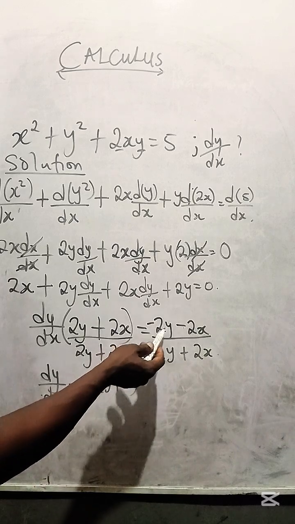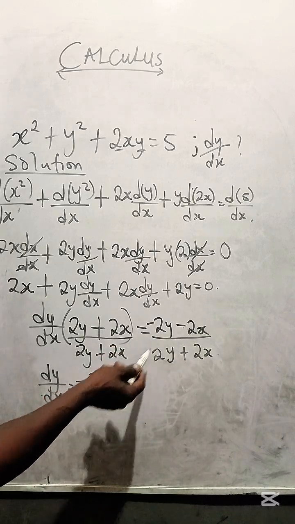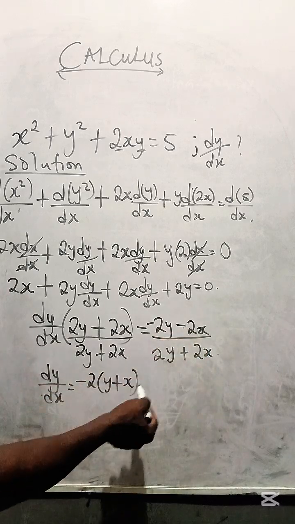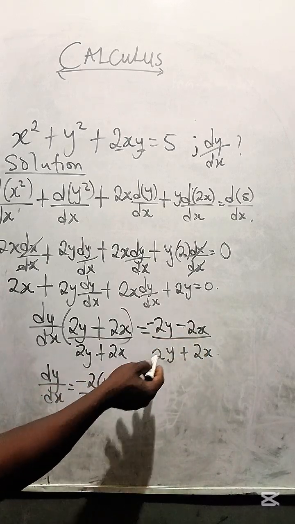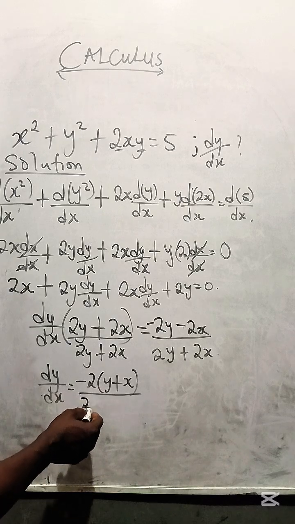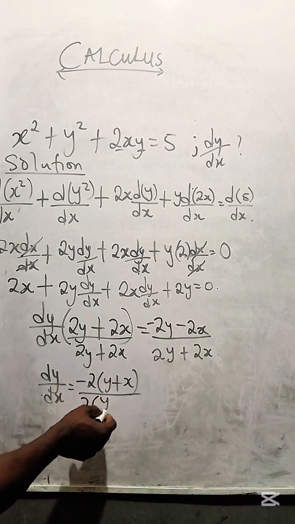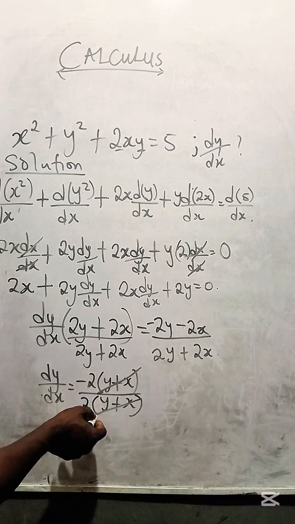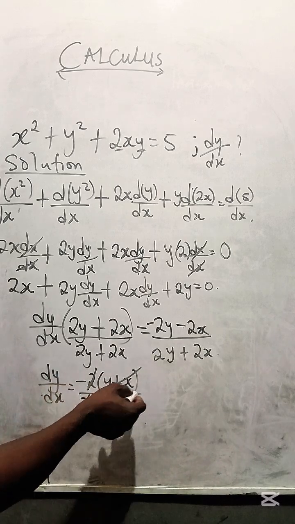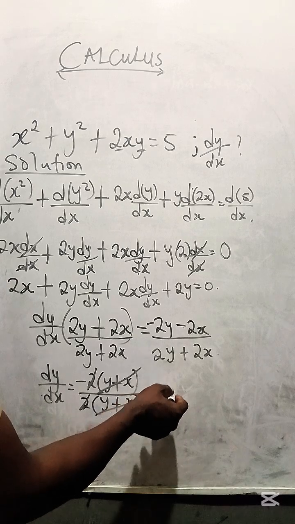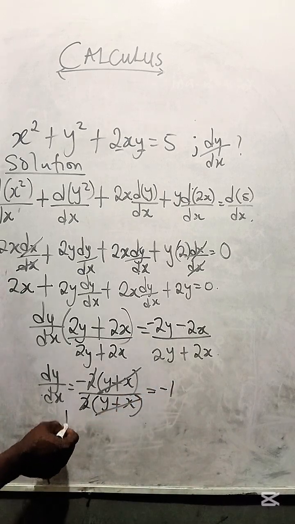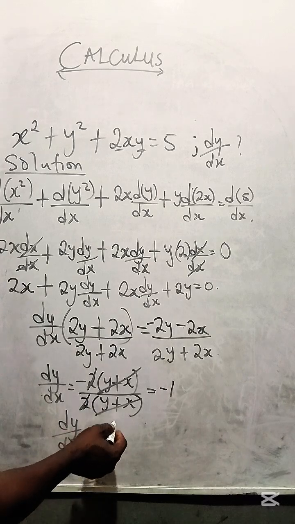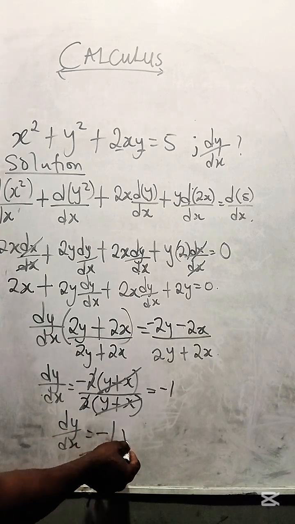Minus 2y divided by minus 2, we get y, put it here. Minus 2x divided by minus 2, we get x, put it here, and x plus x. So the same thing happens here, we factorize 2 out, we get y plus x. You notice that what is here is here, you cancel out, what is here is here, you cancel out, so that dy/dx is equal to minus 1. So you see dy/dx is equal to minus 1 as required.